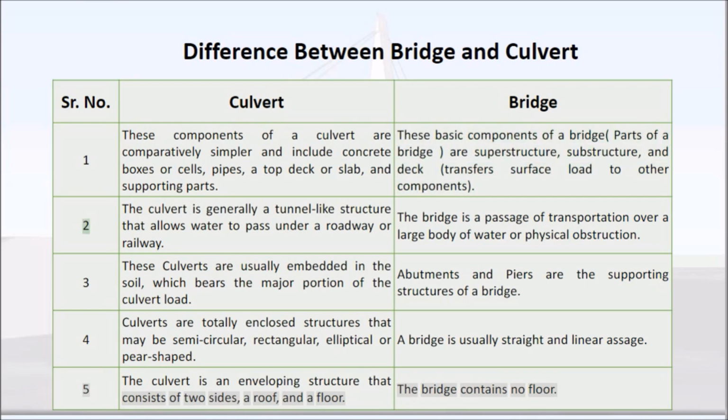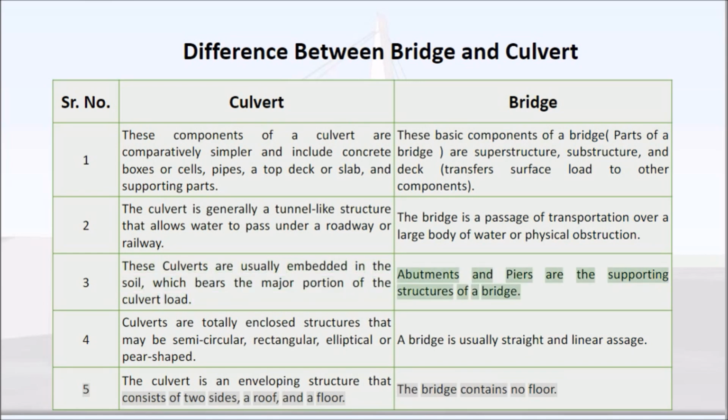2. The culvert is generally a tunnel-like structure that allows water to pass under a roadway or railway. The bridge is a passage of transportation over a large body of water or physical obstruction. 3. Culverts are usually embedded in the soil, which bears the major portion of the culvert load.